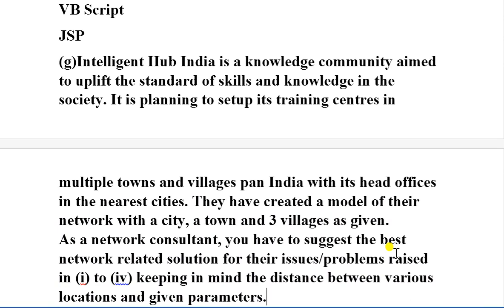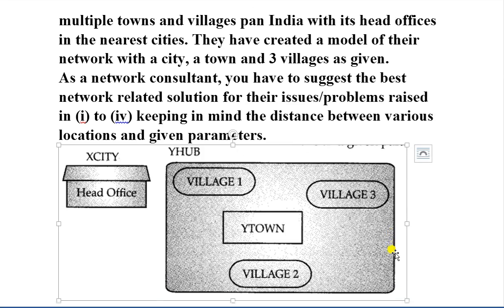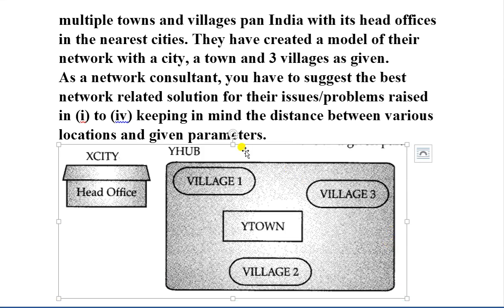As a network consultant, you have to suggest the best network related solution for their problems raised in question number 1 to 4, keeping in mind the distance between various locations and given parameters. So this is the head office X city and this is Y hub. These are the villages.